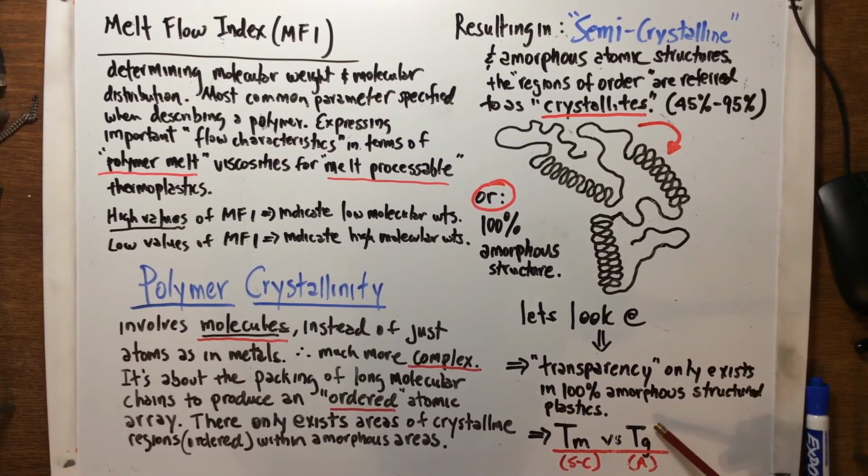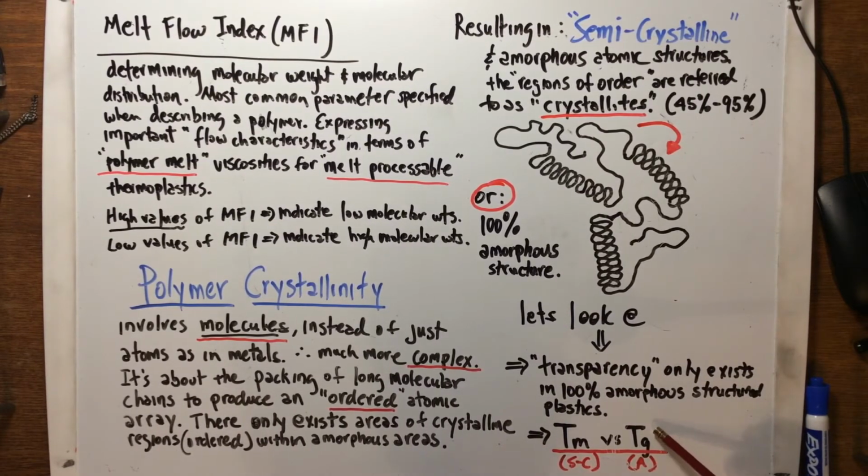Every polymer will have a specific glass transition temperature that you have to be aware of, especially if you're designing plastics that are going to be in cold environments. And when I say cold environments, I don't mean below freezing. I'm talking about 40 degrees, 60 degrees, sometimes even 100 degrees.